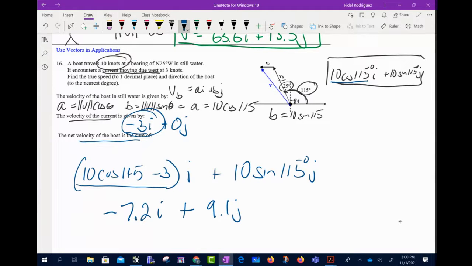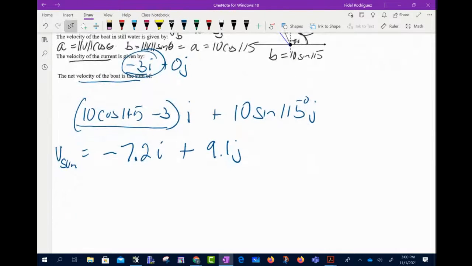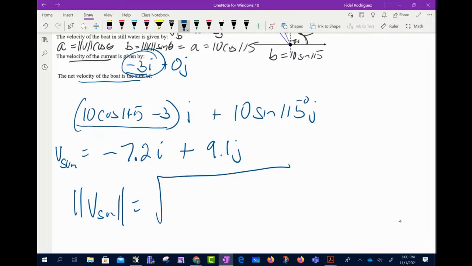So this is the sum, right? I'm going to write it like this, v of the sum. Now, if I wanted to find the magnitude, which would represent the entire speed, I would take negative 7.2 squared plus 9.1 squared.